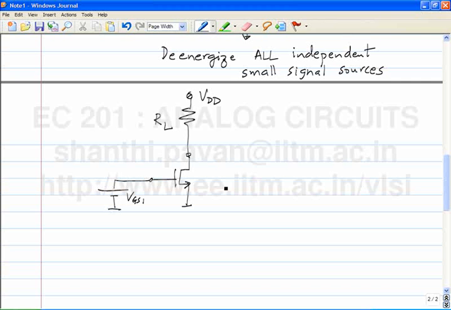We need a battery for VDD. We also need a battery for VGS1, and that seems like a bit of a pain because you need two batteries. What can you say about VDD versus VGS1? Which do you think will be greater? We wanted to keep the transistor as deep in the saturation region as possible, so it seems reasonable to assume that VDD is much larger than VGS1.